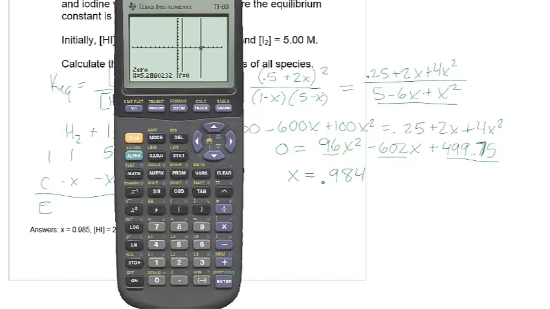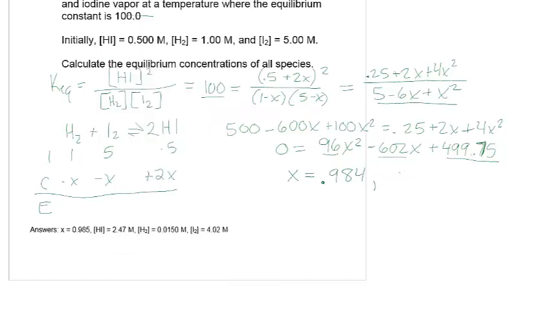And the other 0 is 5.28. Now obviously, you can't have an x value of 5.28 because if you started with 1 molarity, you subtracted 5.28 molarity, you'd end up with -4 molarity, so that's not going to happen. So that value we can discard.